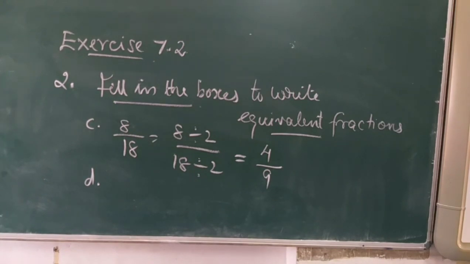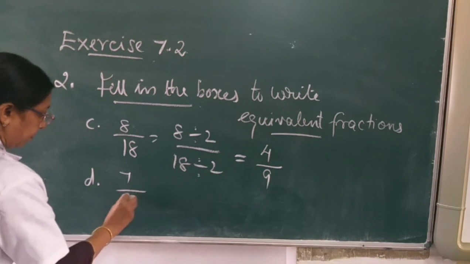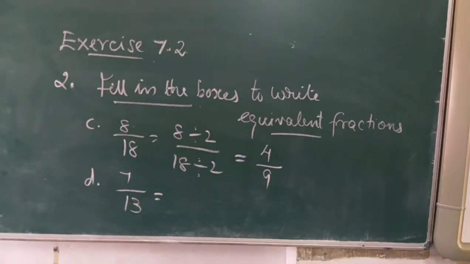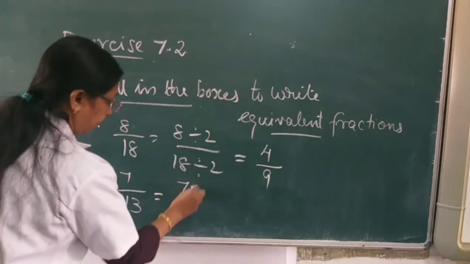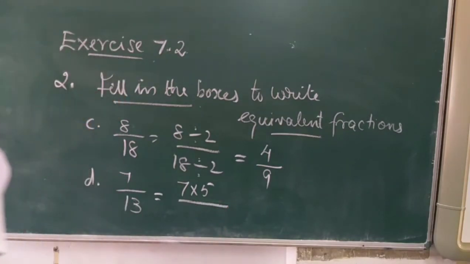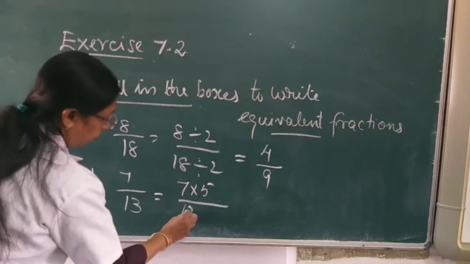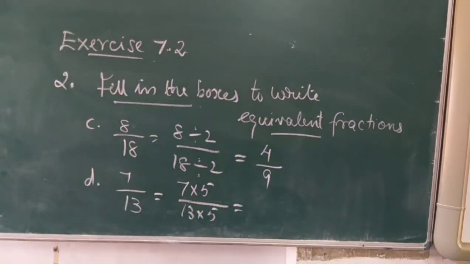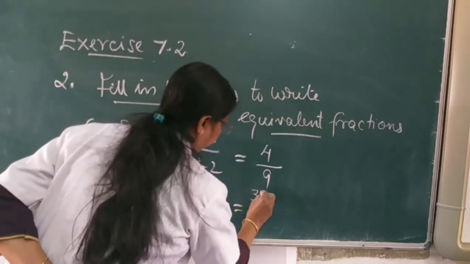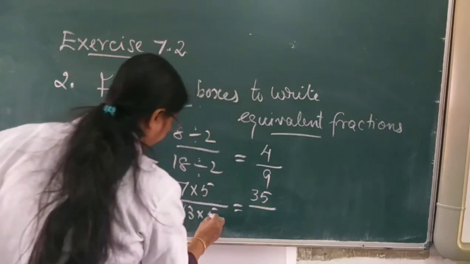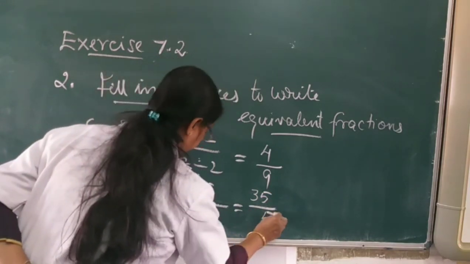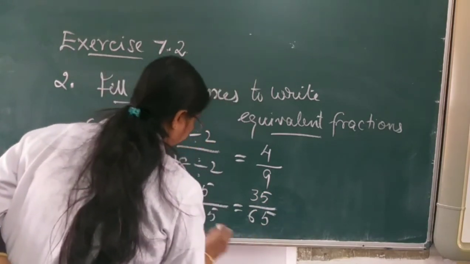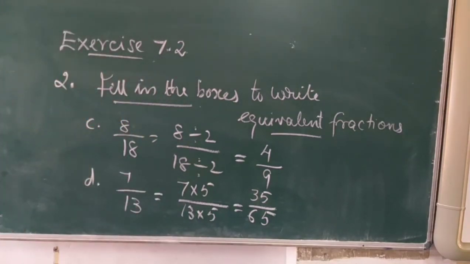Now, 7 by 13 is equal to 7 into 5 over 13 into 5. Okay, 7 into 5 is 35. 13 into 5 is 65.